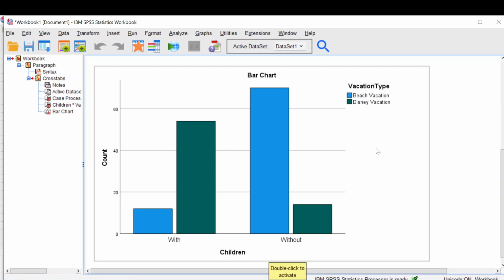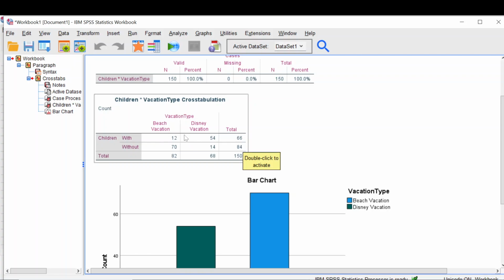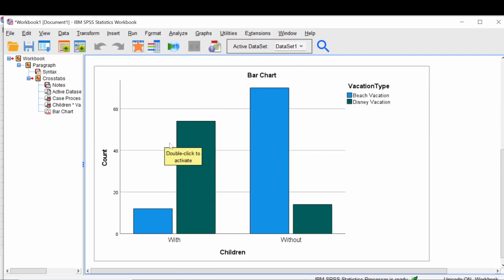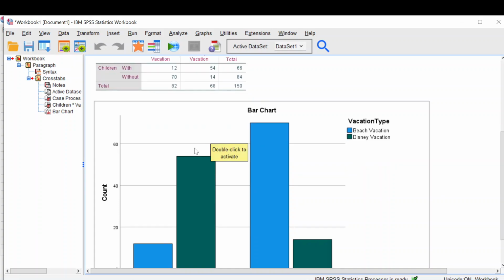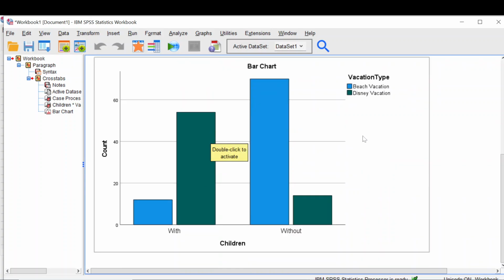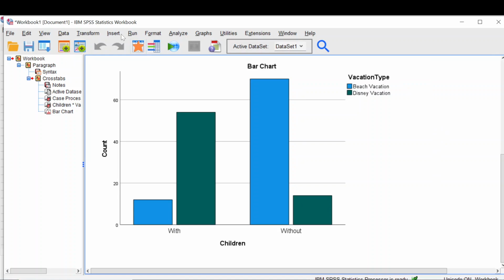Those are horrible guesses. I'm sure the actual numbers are quite different. So actually, here we have beach with children was 12, and Disney with children was 54. So with children is here, without is on the right. The reason I'm showing you this is just to say that you can do a comparison this way. You can look at your data like that.